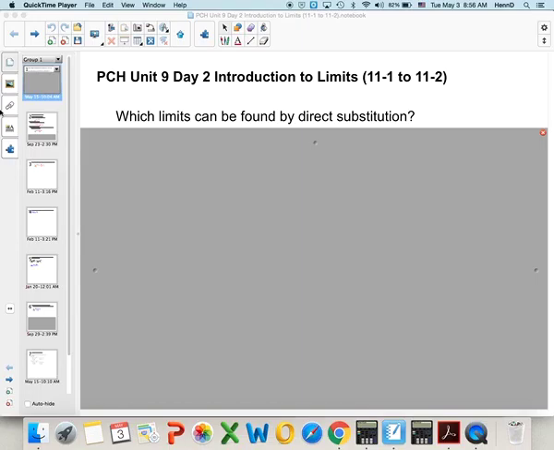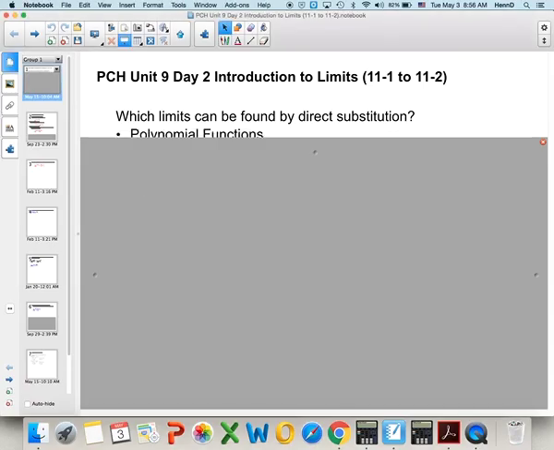So if we're looking at what limits can be found by direct substitution, the first thing we can look at is our polynomial functions. We'll look at this as a property in a moment, but polynomial functions, okay?